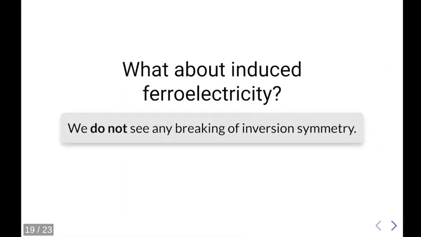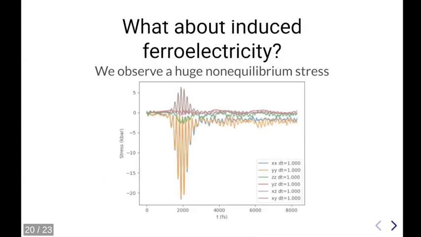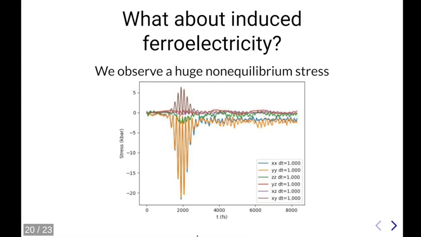But what about the ferroelectricity that I spoke so much about at the beginning? If we analyze our trajectories, we don't see any breaking of the inversion symmetry. So our simulation seems to suggest that we don't see a ferroelectric induced phase transition. However, what we observe is a huge non-equilibrium stress that acts on the cell.